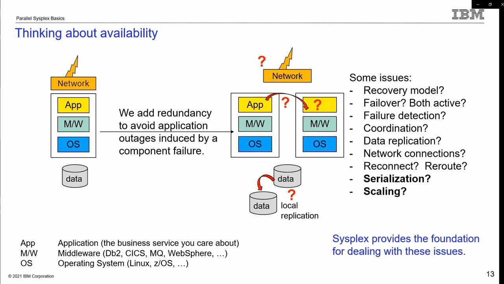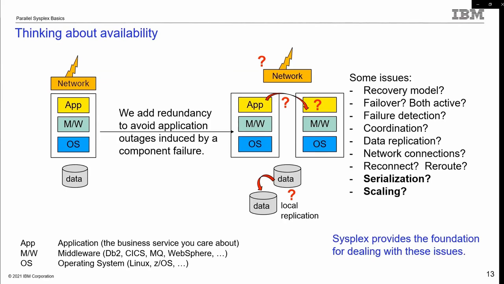How do you recover? Can these applications really have true Sysplex awareness in terms of being able to take over someone else's work, being able to go to another copy of the data? How do we detect when a failure actually takes place? What about network connections when we have a failure?